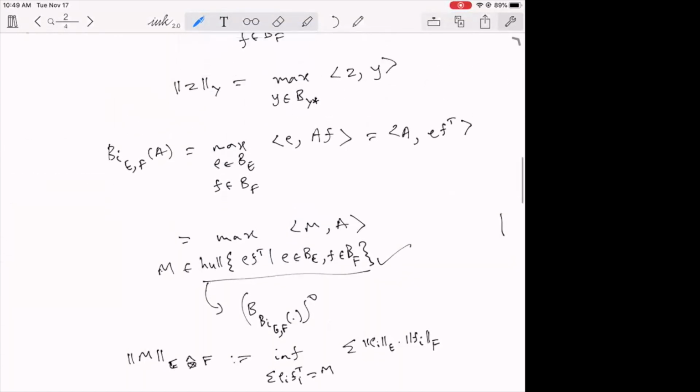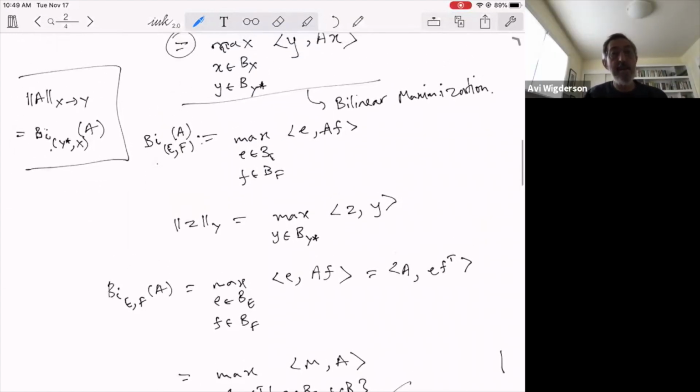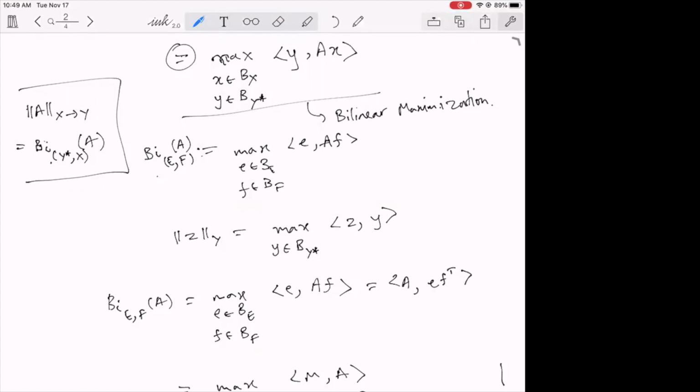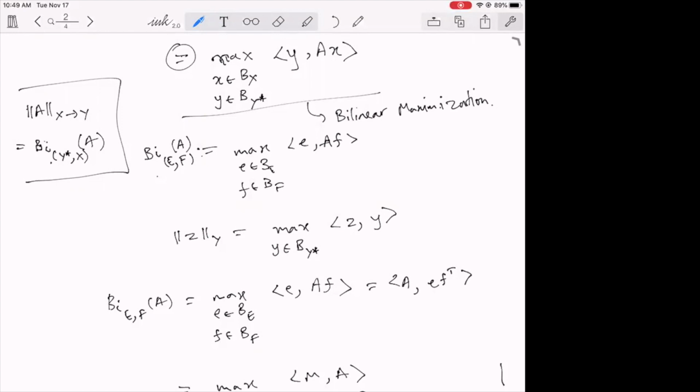Okay, so computing the norm: we fix some norms E and F, and now we are given a matrix, and we are asked to find the norm. So, computing the maximum eigenvalue of a matrix is such a problem. The usual norm, it's the norm from L2 to L2. Yeah, good point. And in fact, I'll mention this after defining quadratic maximization to compare the two.